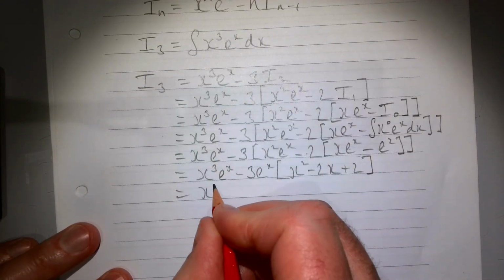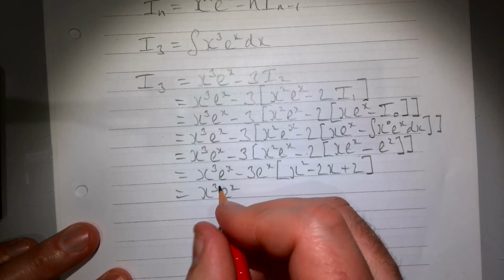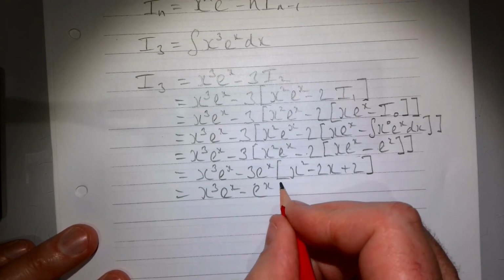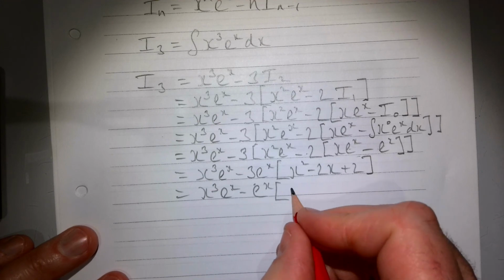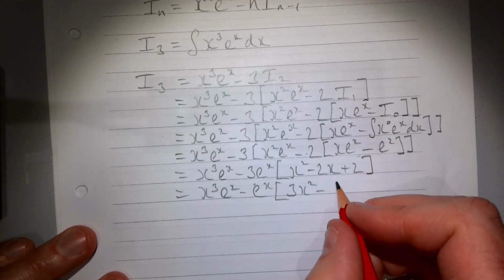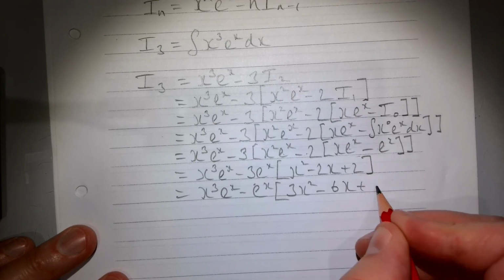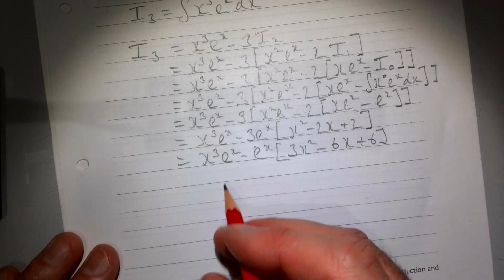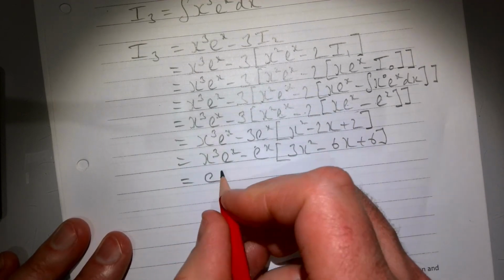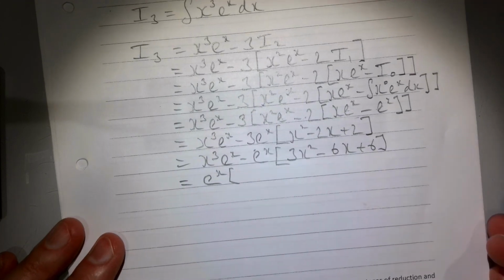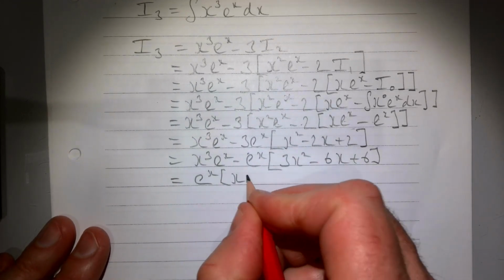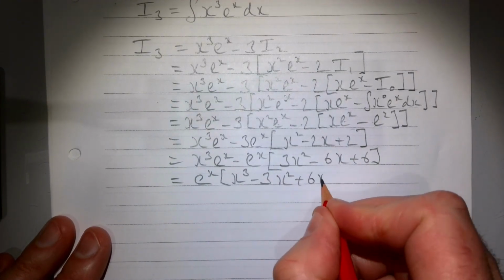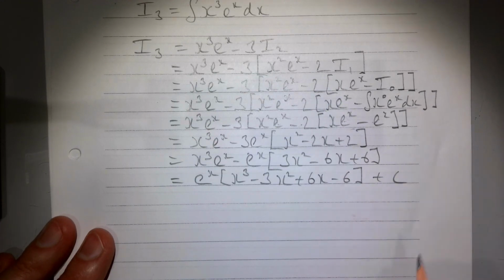That gives me x cubed e to the x minus e to the x, and put the 3 back in here: 3x squared minus 6x plus 6. And again, we can take an e to the x out of the whole lot as our final line: e to the x times (x cubed minus 3x squared plus 6x minus 6) plus c.